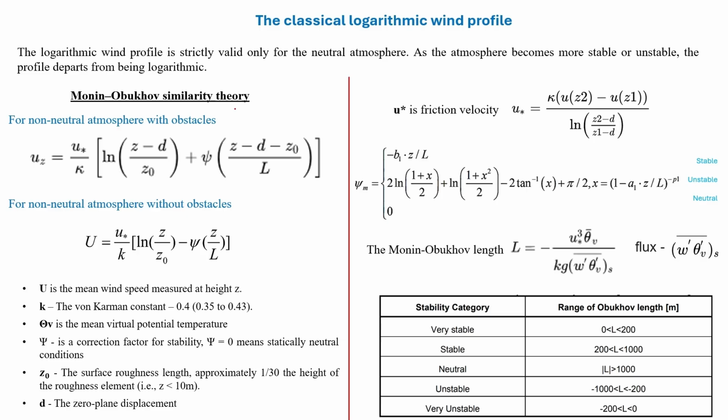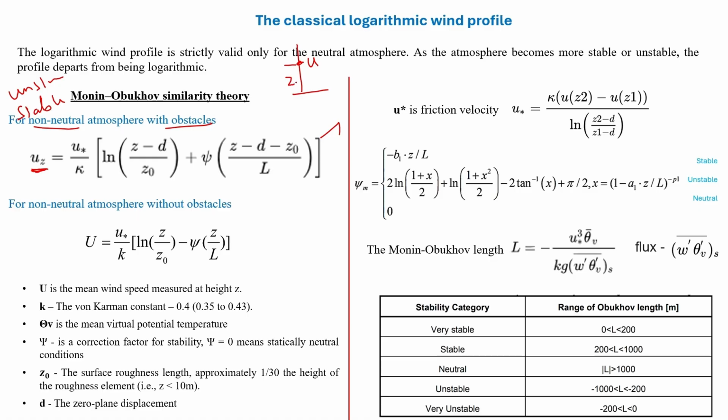So here they started with the non-neutral atmosphere, that is, it can be stable or unstable. For those kinds of atmosphere with obstacles, they have given this empirical formula, derived from the Monin-Obukhov similarity theory. And z is the height at which we are going to find the velocity.